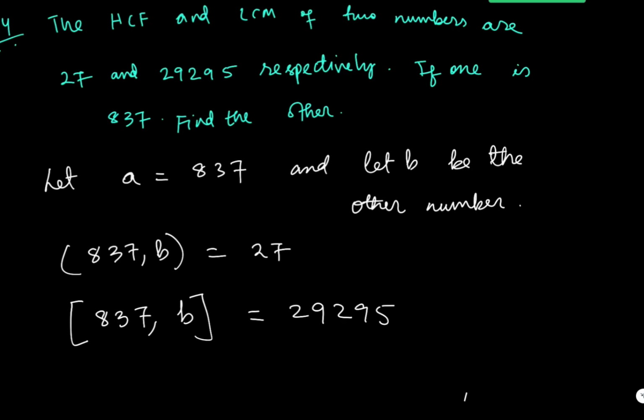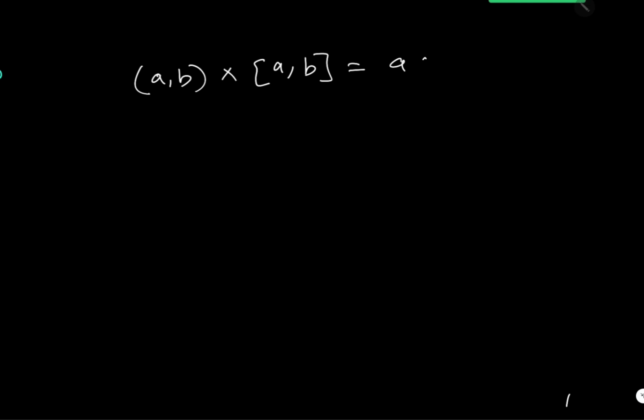We have an identity that says the product of HCF and LCM is equal to the product of the numbers. We're going to use this identity.